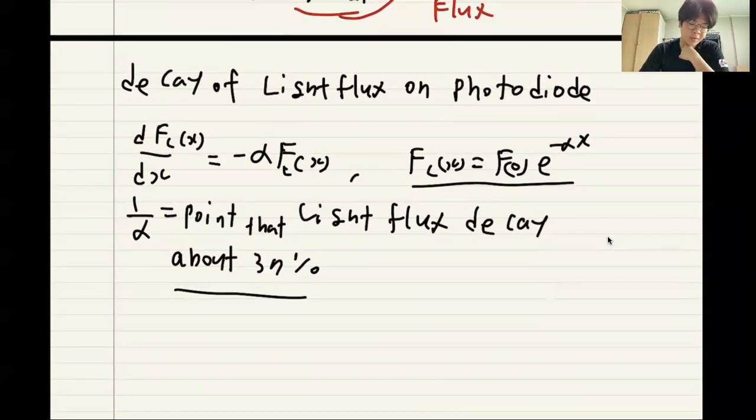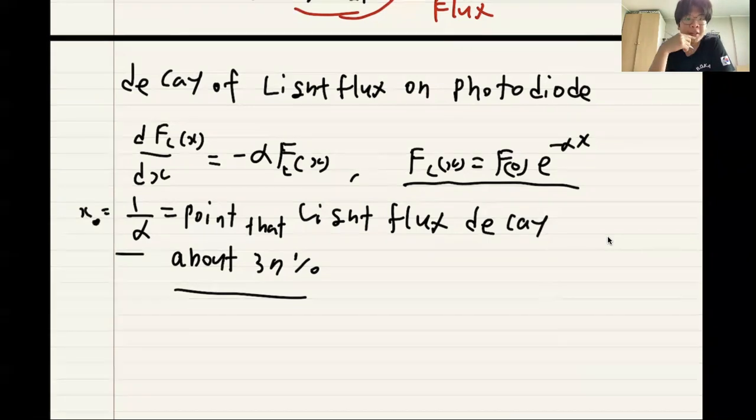Like other diffusions, the light flux would decay exponentially. So we can define x0, which is the point where the light flux decays to about 37%.